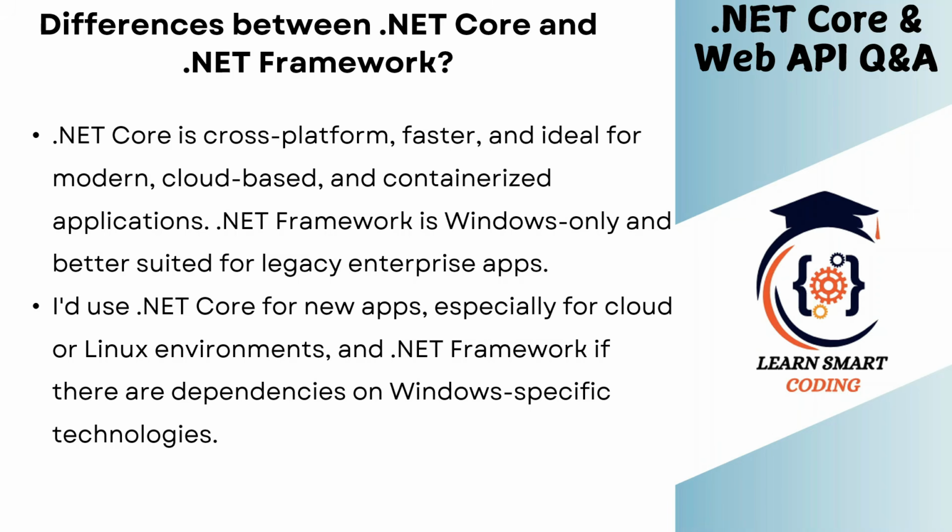You cannot run any application developed in .NET Framework on Linux or Mac. Now, .NET Core is cross-platform, faster, and ideal for modern, cloud-based and containerized applications. That's where we use .NET Core, because you can containerize the application and host it on Windows, Linux, anywhere. That's the beauty of it, and that should be the difference you explain if somebody asks you these very basic questions.